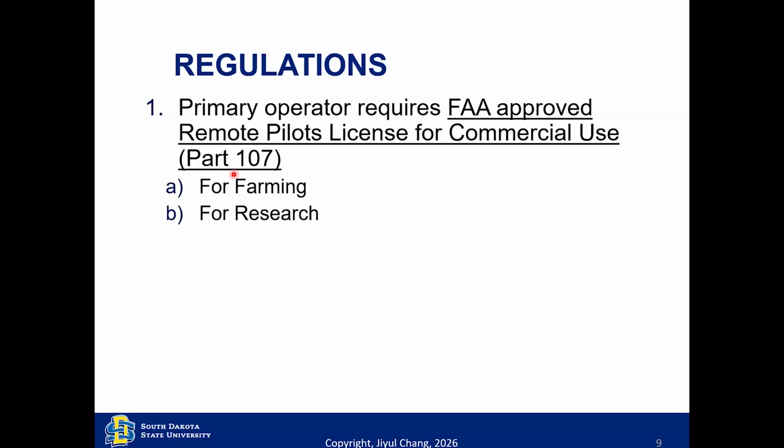Any kind of operation related to business or money, you have to get this Part 107 pilot license. But if you want to fly a drone for a hobby, that's okay, you don't need this. But if you collect data related to your farming business, you have to have a Part 107 license.